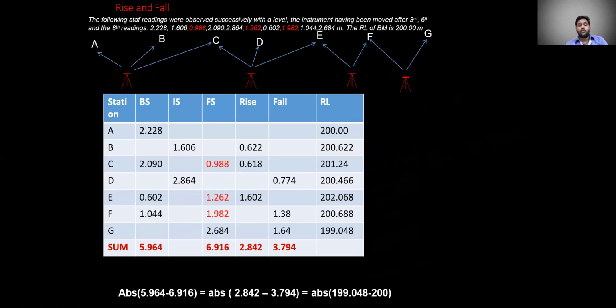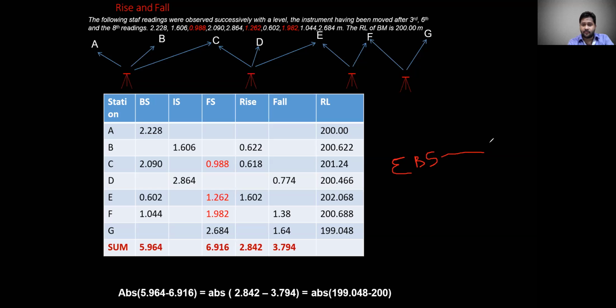See, if I want to cross check, the formula I am using here is summation of BS minus summation of FS, that is nothing but backside minus foresight.